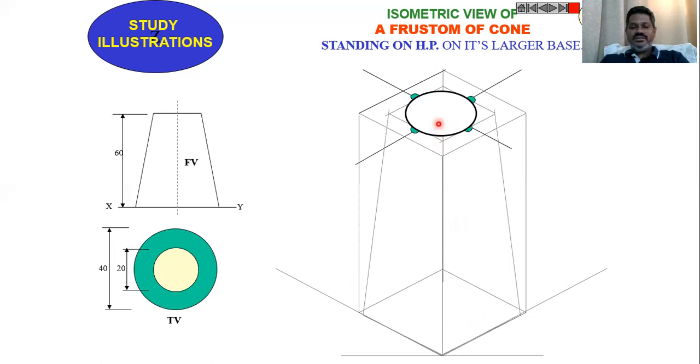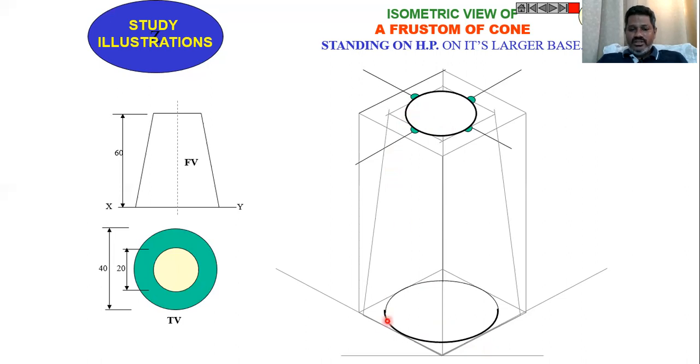Drawing an ellipse with a given diameter, as we have seen in our last session, using that procedure, construct the ellipse on the top as well as the bottom with the given diameter, and this will become the top surface and this will become the bottom surface of the frustum of the cone standing on HP.